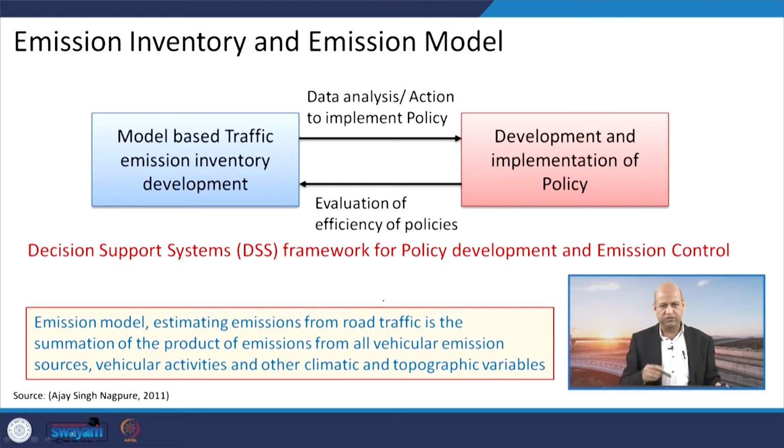Different kinds of sources may be there, as we have discussed: exhaust, non-exhaust and evaporative. All things have to be combined when we talk about emissions from vehicles, as total cumulative emissions, and then we have to apply a correction factor.